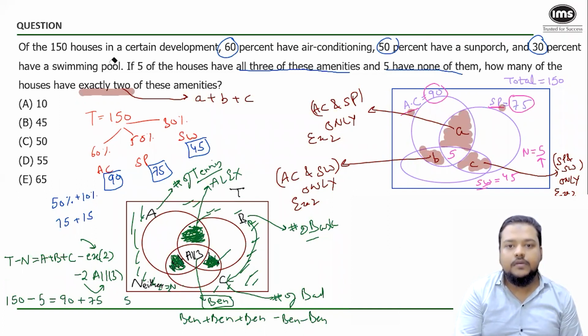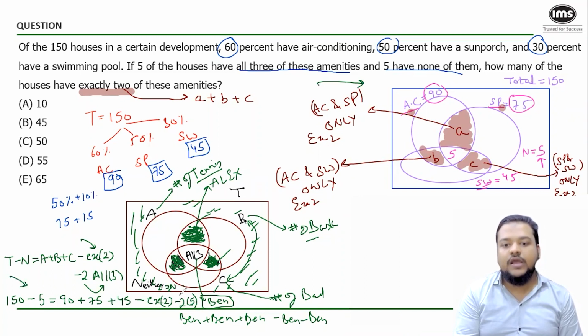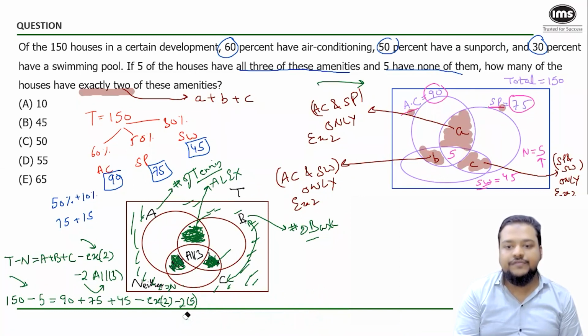And now I have to subtract exactly 2, that we need to figure out, and minus 2 times all 3, that is 5. So I have put all the values of this Venn diagram into the formula. Now you just have to calculate the final value. If you haven't noted, you can pause the video and note it.